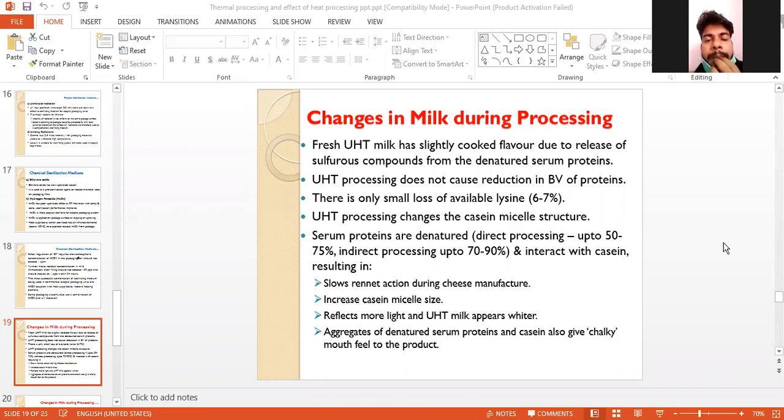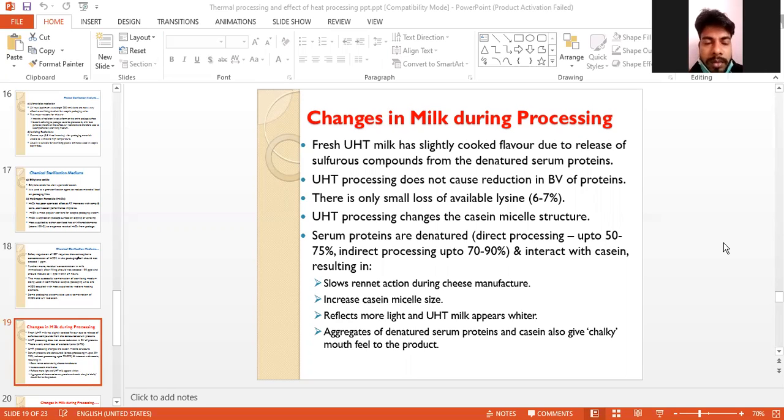Serum protein means immunoglobulin or lactoglobulin, and it is also reported that it interacts with the casein, which affects renneting during cheese manufacture. If we use that milk for cheese manufacture, then definitely there is a reduction in renneting.